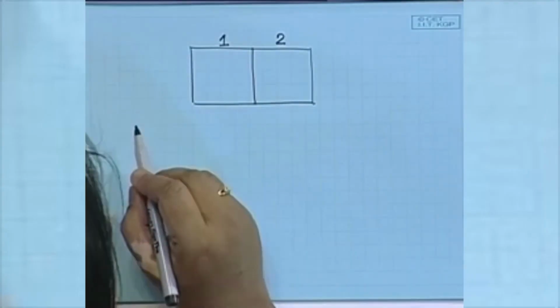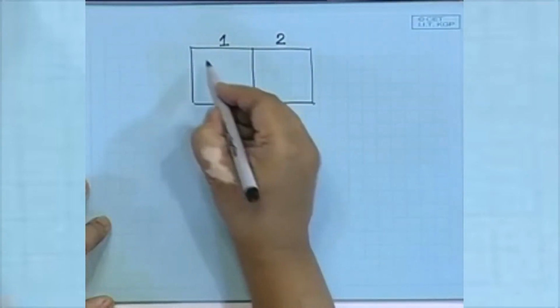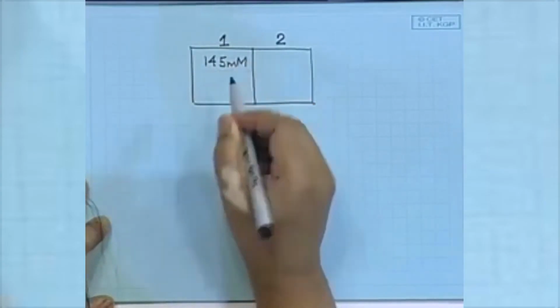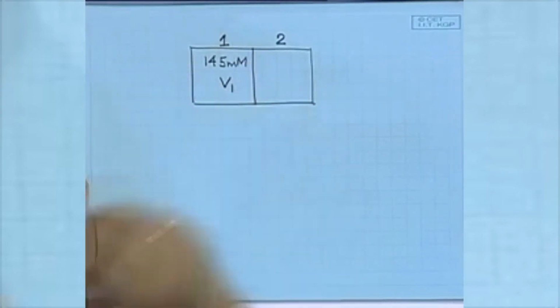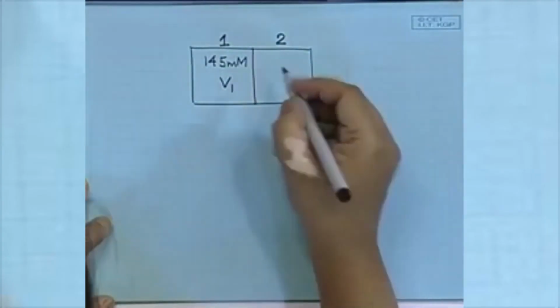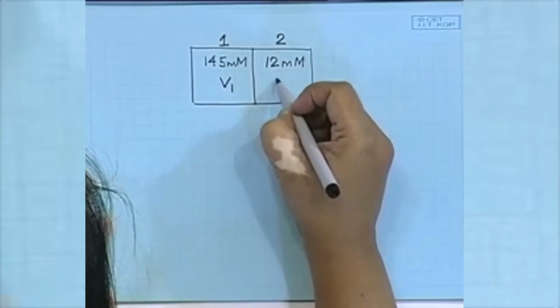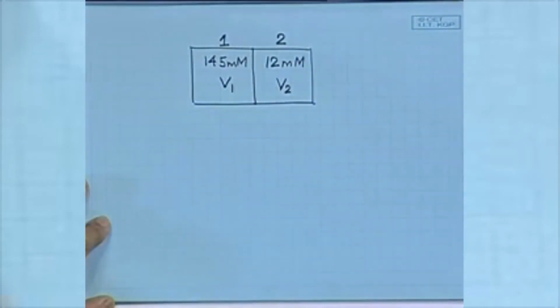In chamber 1, I have the concentration at 145 millimolar for sodium and the potential V1. In chamber 2, I have 12 millimolar and V2, which is the potential.